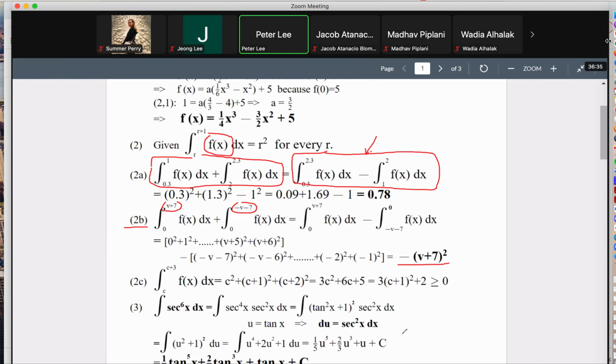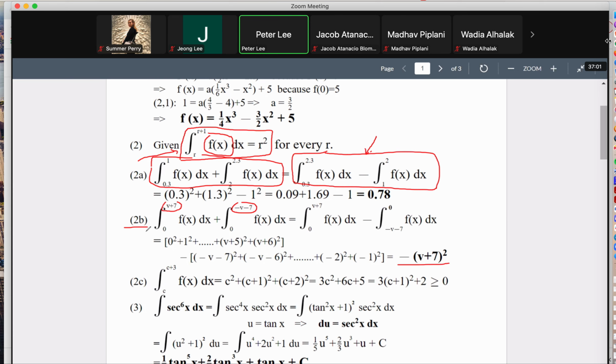And many of you did this correctly. But you have to understand this property very carefully. You have to understand this property really well and know how to use it. All parts A, B, C are written around this key information.